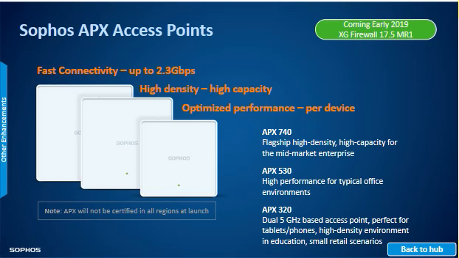XG Firewall 17.5 Maintenance Release 1, which will be released early in 2019, will include support for the latest APX series wireless access points that support the 802.11 AC Wave 2 standard.